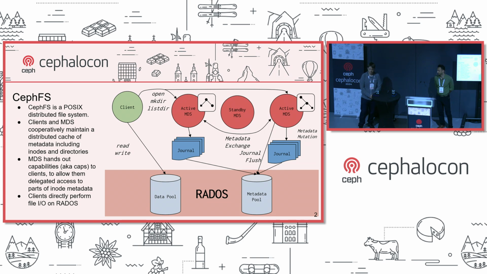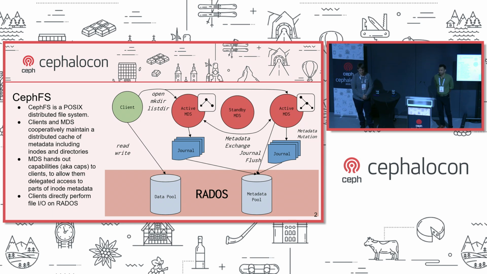In the diagram, we have two active MDSs, and they are authoritative for different parts of the file system tree. Each MDS processes requests from clients for their part of the directory tree, writing it to a journal, which is represented in RADOS on the metadata pool.